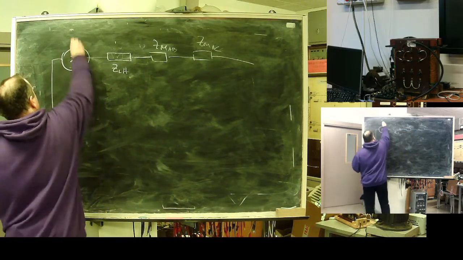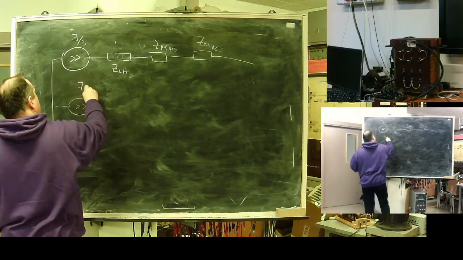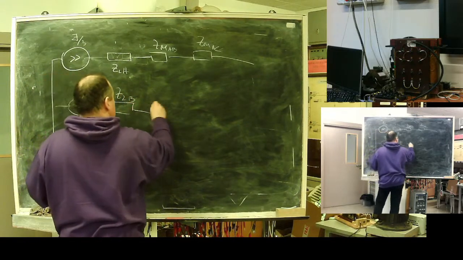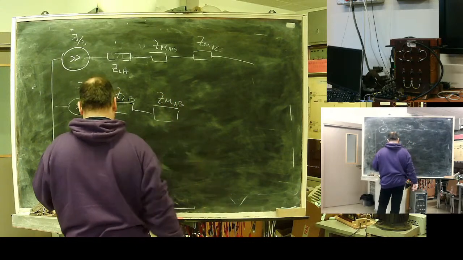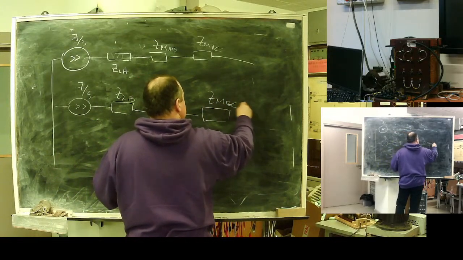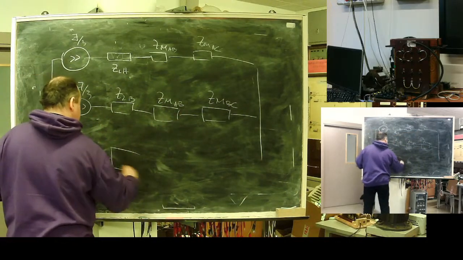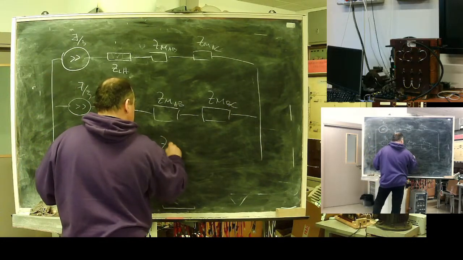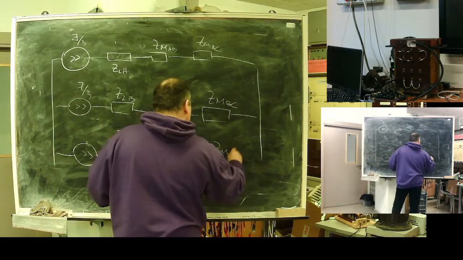By 3 by 3, ZSB, mutual AB, BC and the third one, C, mutual BC, mutual AC.